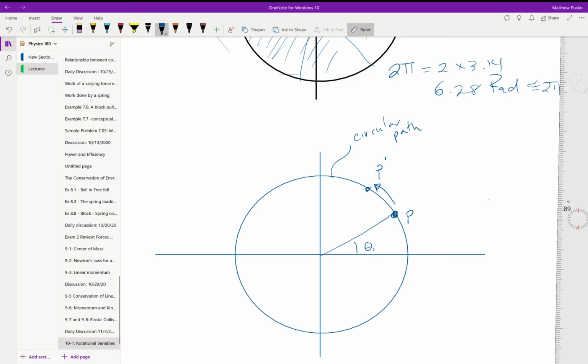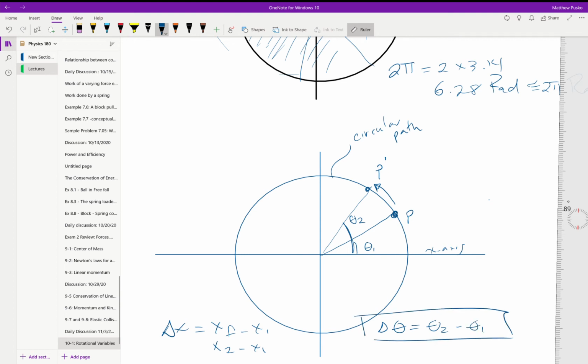And we can draw another line to it and measure that angle from the same axes, the positive x-axis. And we measure that as theta 2. What we get is delta theta, or the change in the angle theta, or the angular displacement. So before we talked about displacement, delta x is equal to x final minus x initial, or x2 minus x1. Well, guess what? We got theta 2 minus theta 1. So that's your first definition.